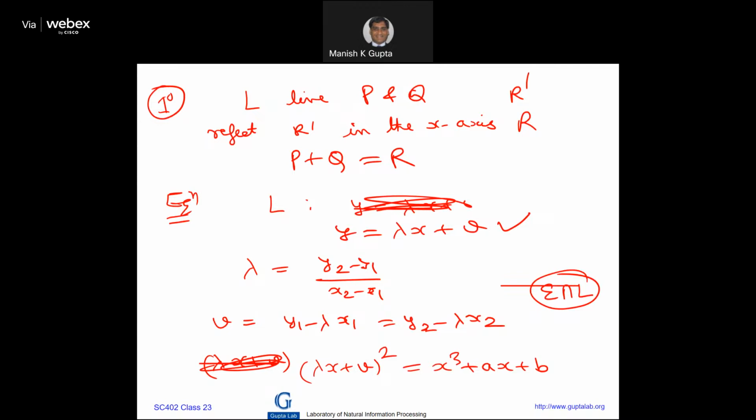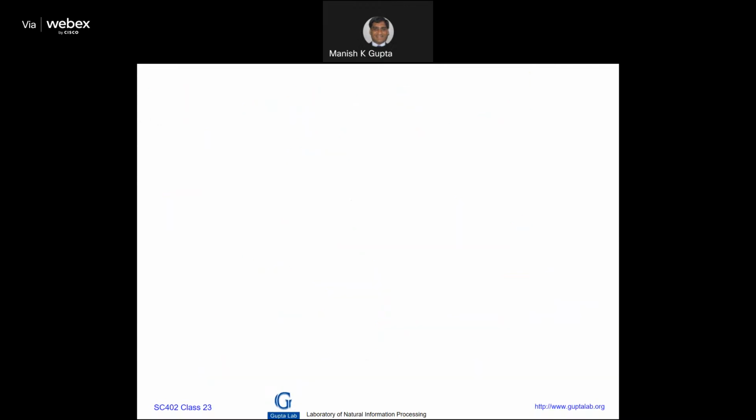So the equation can be written as x cube minus lambda square x square plus a minus 2 lambda v x plus b minus v square is equal to 0.